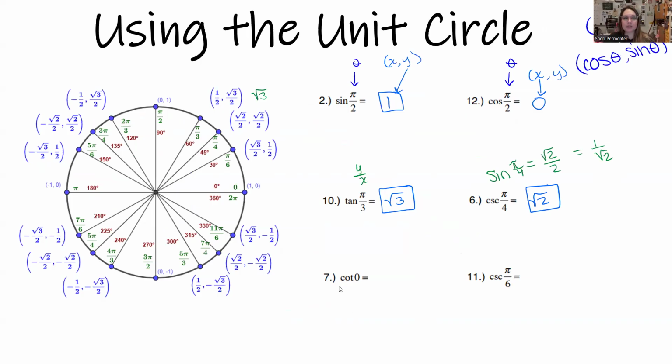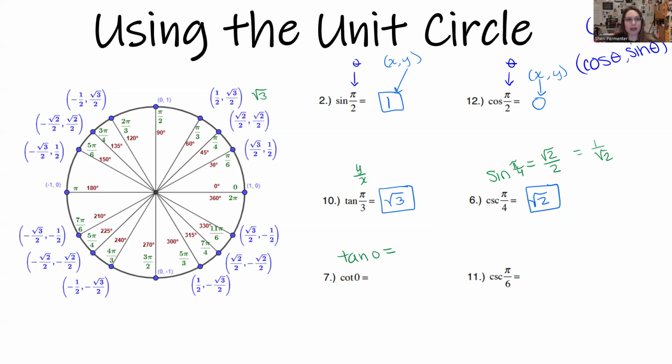For cotangent of 0, remember that is the angle. So I'm looking at 0 degrees or 0 radians. This is the coordinate. It's 1, 0. So first I'm going to look at tangent. So tangent of 0.